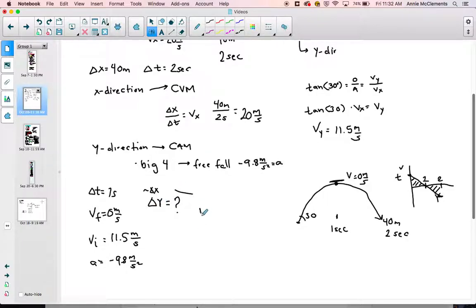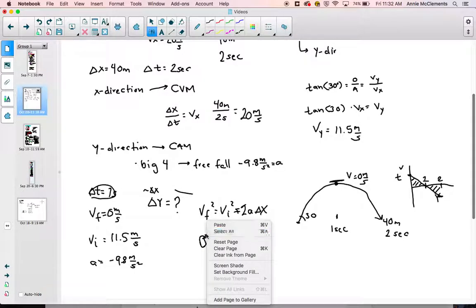You could do V final squared equals V initial squared plus 2 acceleration, delta x. You don't even have to use time there, which is kind of nice. You can plug in our numbers here.